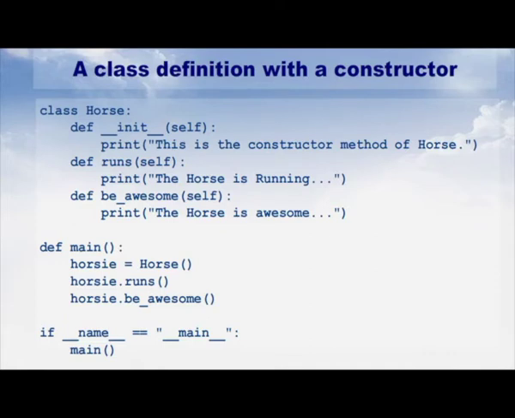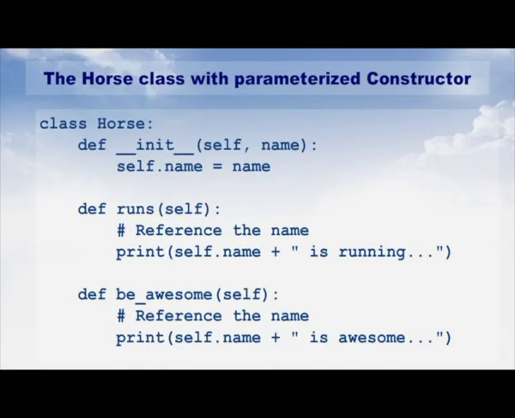Please observe very carefully. In this diagram, we have created a class horse and made a small modification to that class: we are passing another parameter to the init method in addition to the self object.